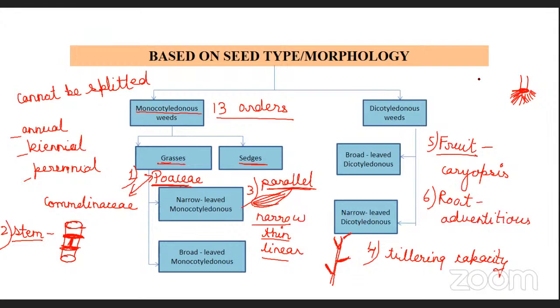But the tap root system usually goes deeper, with only one primary root, as she told us. The length of the roots is usually larger in comparison to adventitious roots.